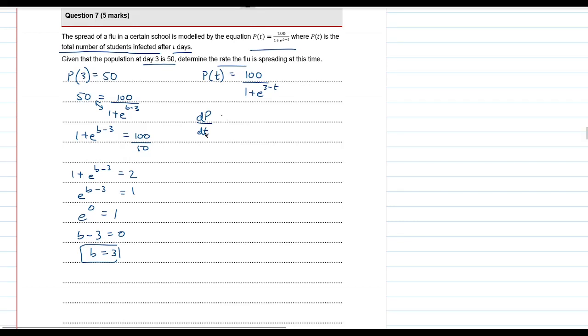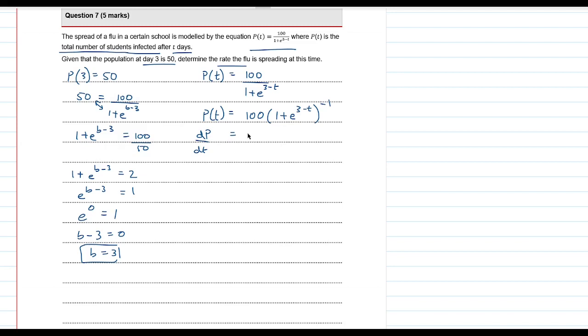So I'm going to rewrite P as 100 times (1 plus e to the 3 minus t) all to the power of negative 1. Remember, you can bring a denominator to the numerator by making the power negative. So now we can differentiate this using the chain rule.